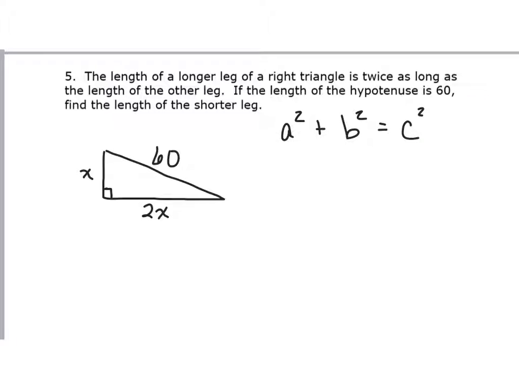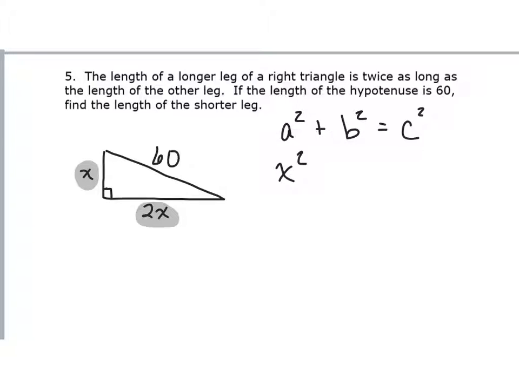When I look at my short leg and multiply x times x, I end up with x squared. When I look at the other leg, 2x, and I square it, what do I get? 4x squared.